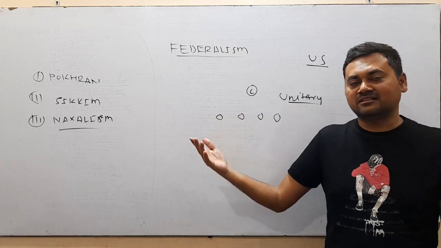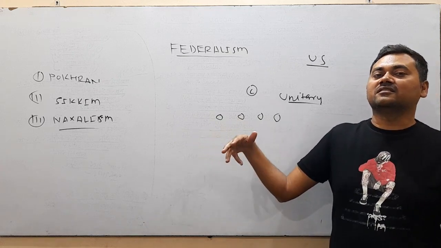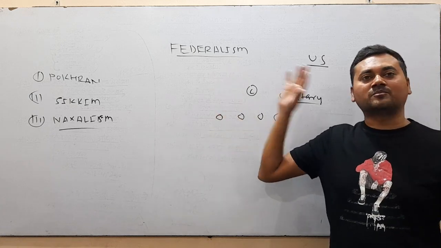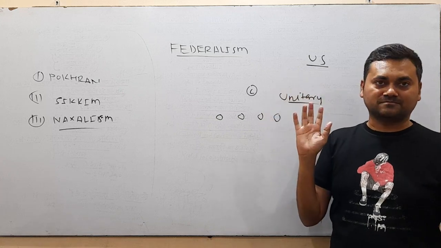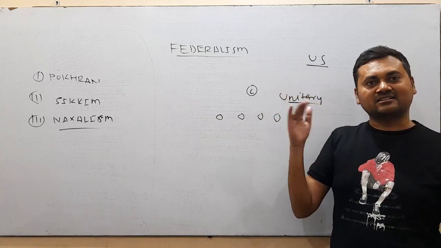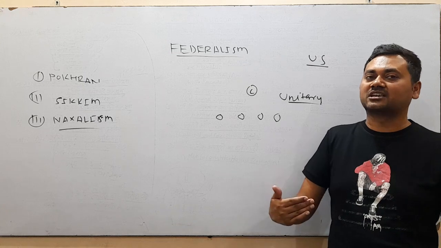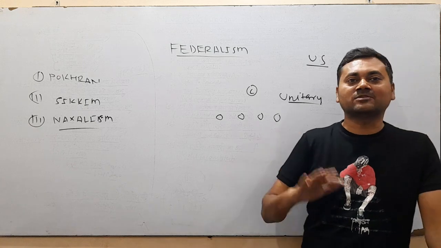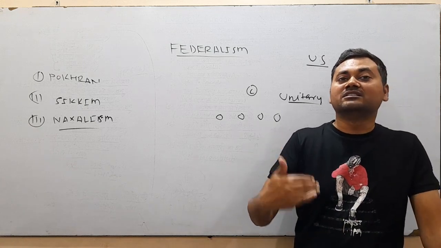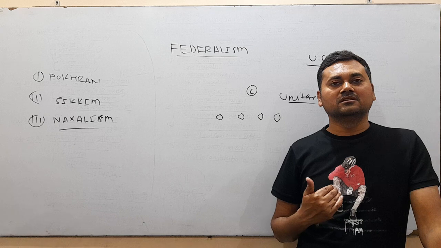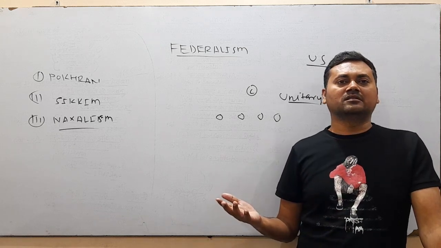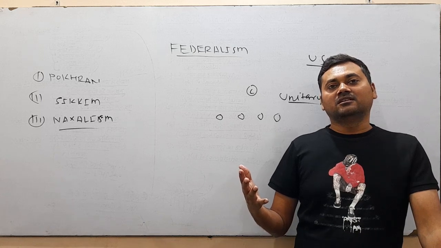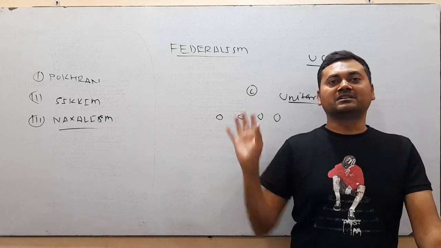In the central list, those subjects are mentioned in which the central government has the authority to frame laws. The state-related subjects are given in the state list. And in the concurrent list, both the center as well as the state have the right to legislate. There is one more list that is called residuary, which is not given in any of the lists.